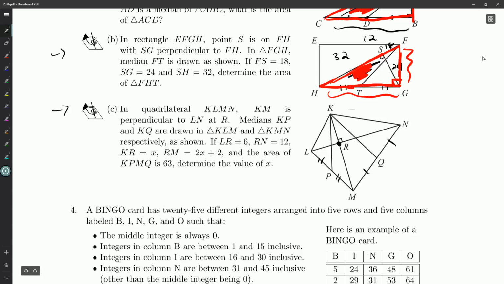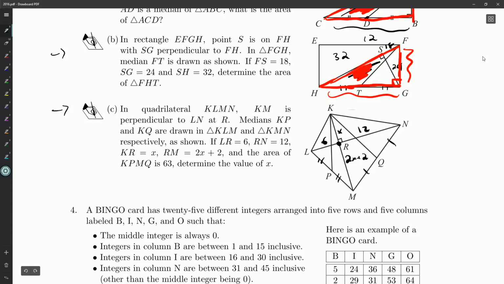And we know some lengths. LR is 6, RN is 12, KR is x, and RM is 2x plus 2. Interesting. And we know the area of KPMQ is 63. Determine the value of x.